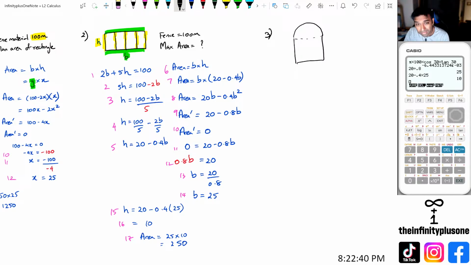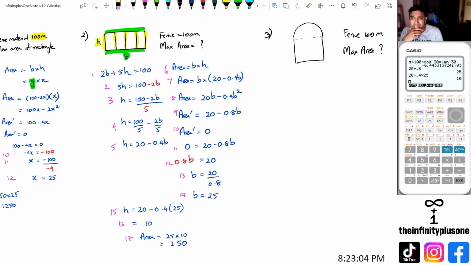I've got a semicircle, and let's go with a square, shall we? Nah, let's not go with the square. I'm going to put a fence again of 100 meters. What is the max area possible?